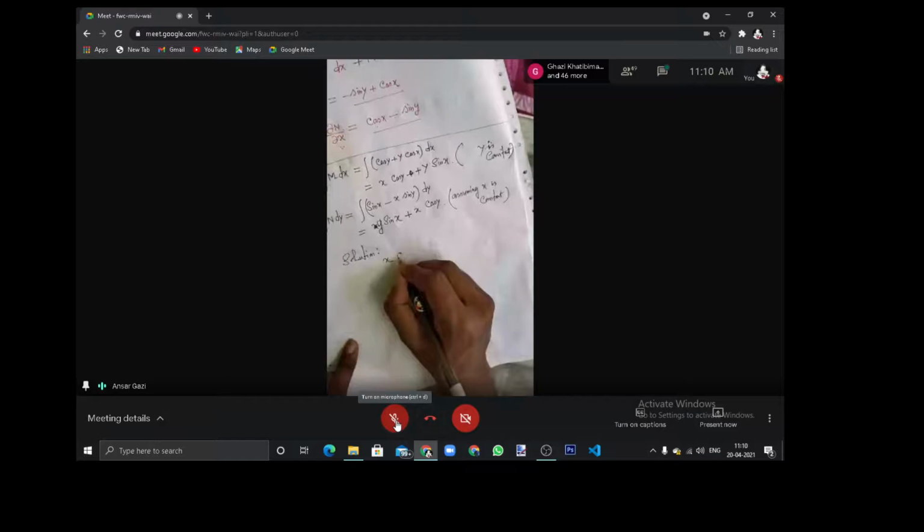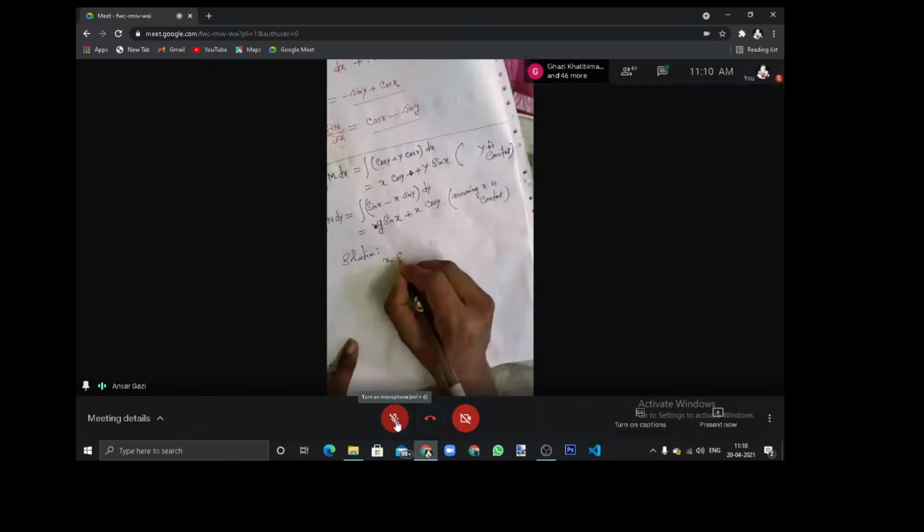equal to 0. Next, you can write using the chain rule, d of u into v. So x cos y you can write in this form also, d of x into cos y, plus d of y into sin x, equal to 0.